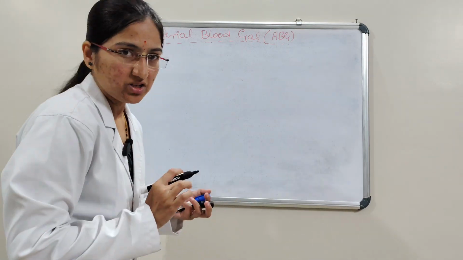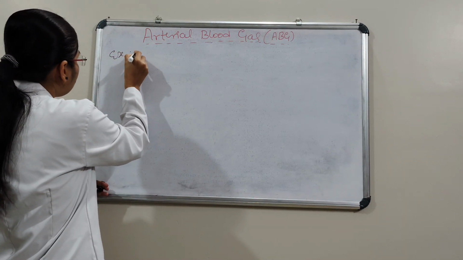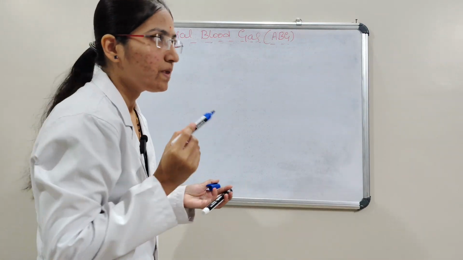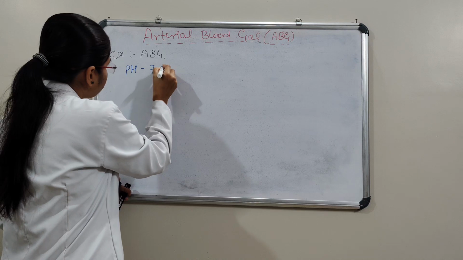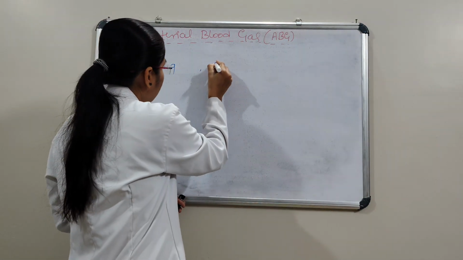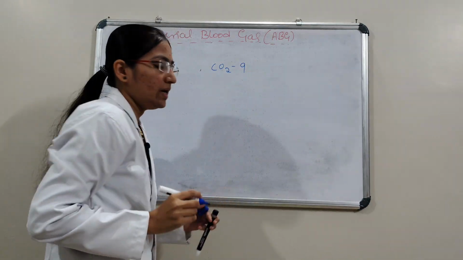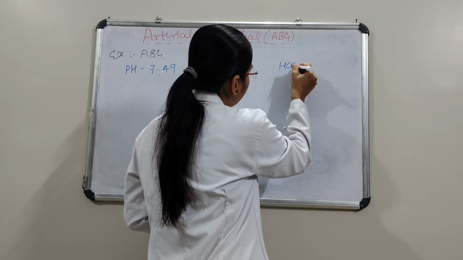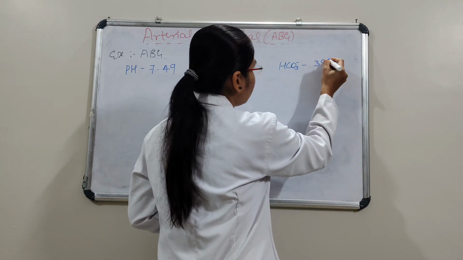Now we'll see one example just for understanding purpose. ABG, arterial blood gas. Here you take pH 7.49, and then CO2 9, and then bicarbonate you take 39.